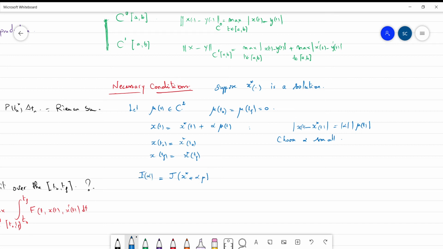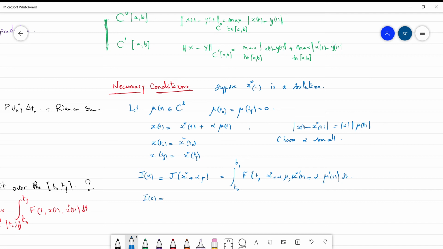Alpha can vary, so we get a function of alpha: I(alpha) is the integral from t0 to t1 of f at t, x star plus alpha mu, and the derivative x star prime at t plus alpha mu prime(t), dt. Great. Now it's a function of one variable.